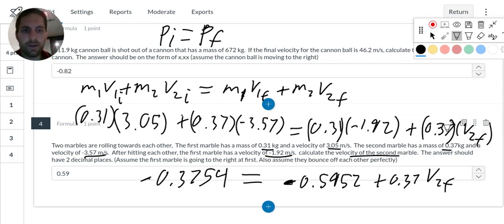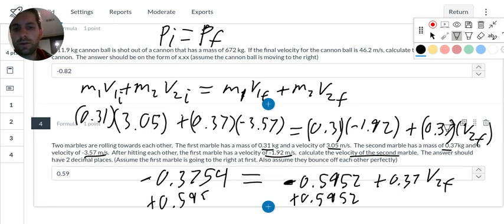Now finally, I'm going to add this one over to both sides. And then once I do that, I will simplify again.